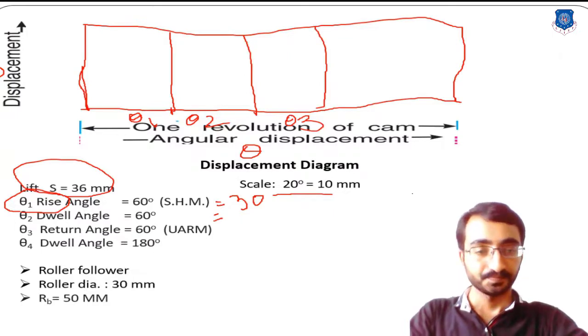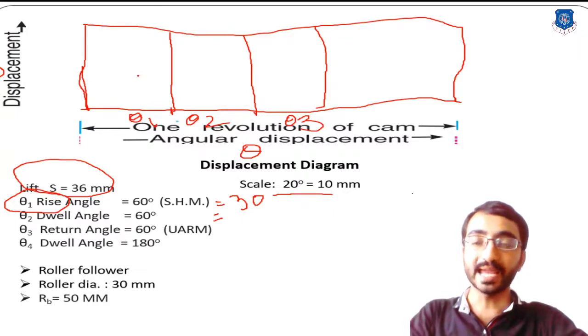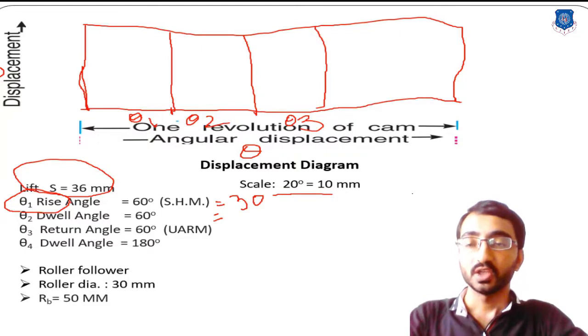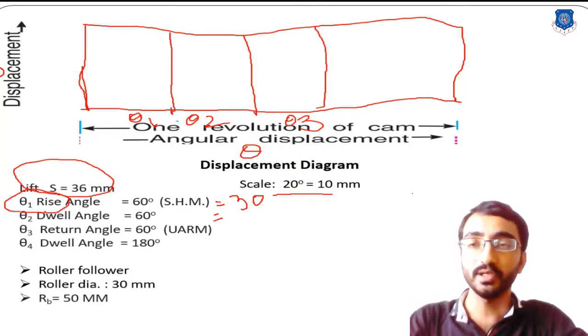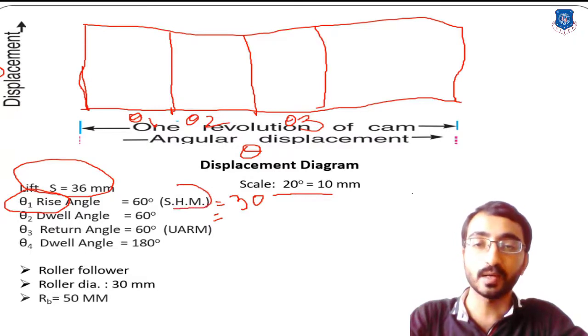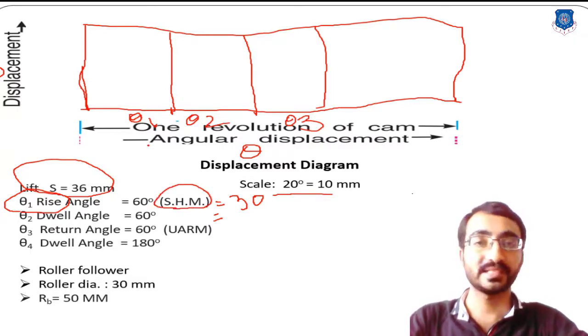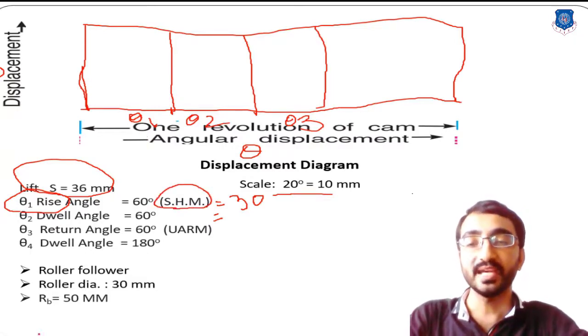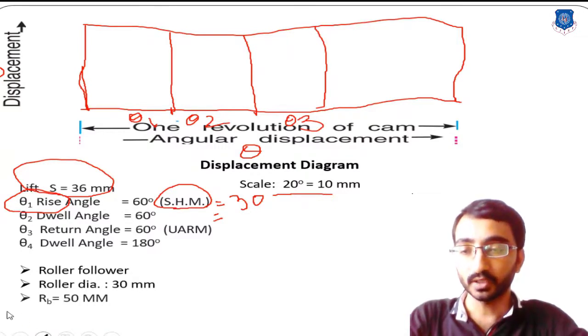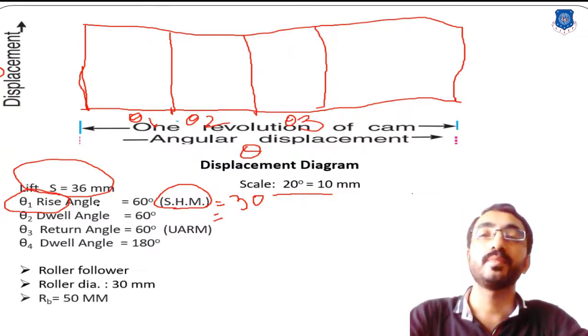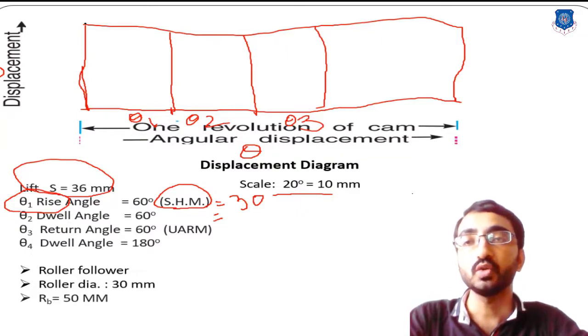Okay, so now let's start with the type of motion in rise. So during the rise period, or we can say during the outstroke, it is moving with SHM, that is simple harmonic motion. Okay, now to represent the simple harmonic motion, we have learned the simple procedure that to follow the simple harmonic motion, we have to draw the semicircle which is having diameter equal to the stroke length.